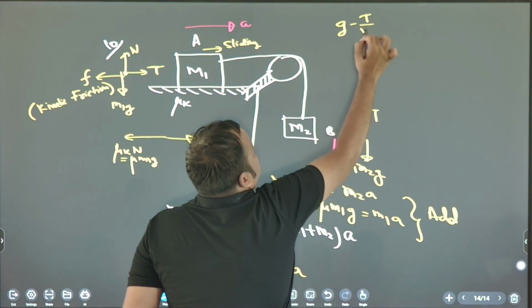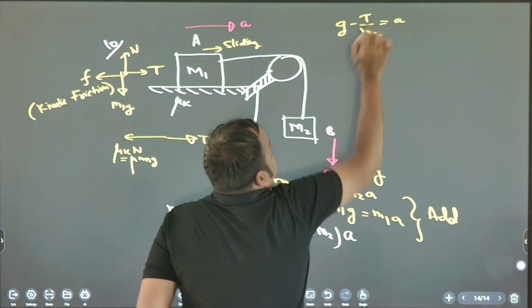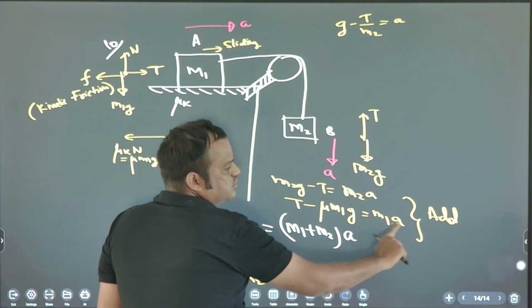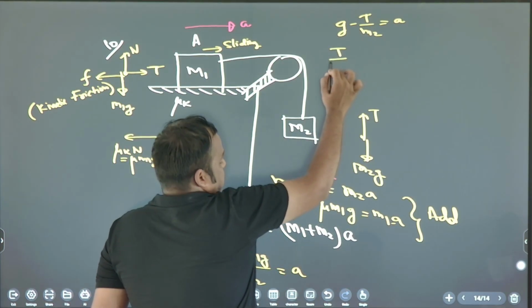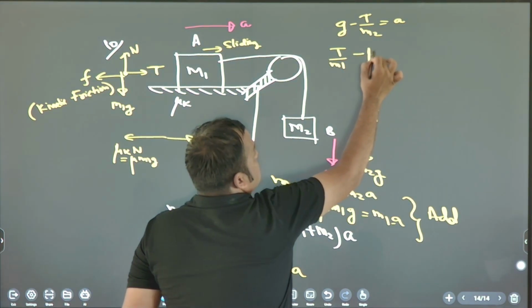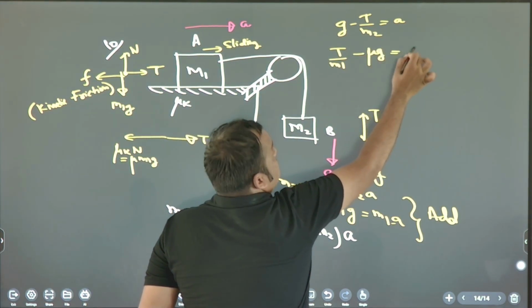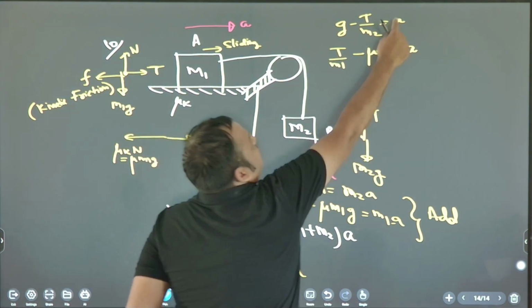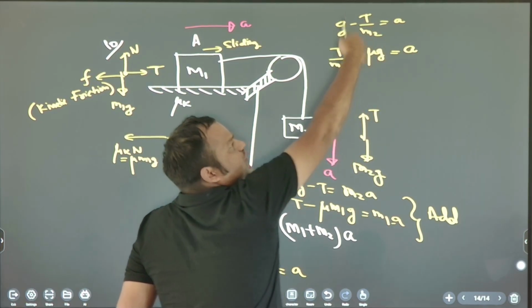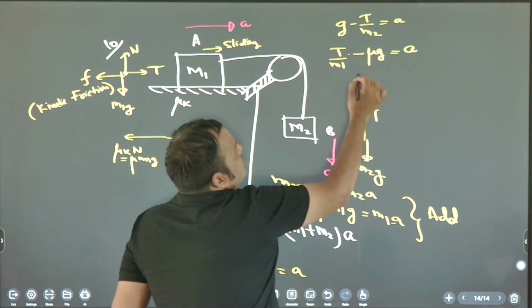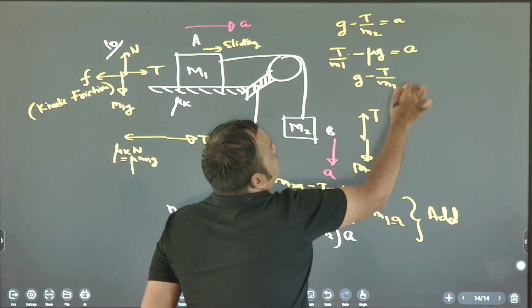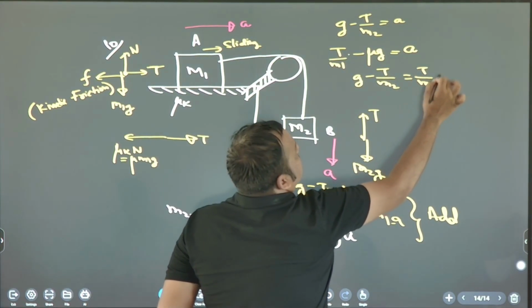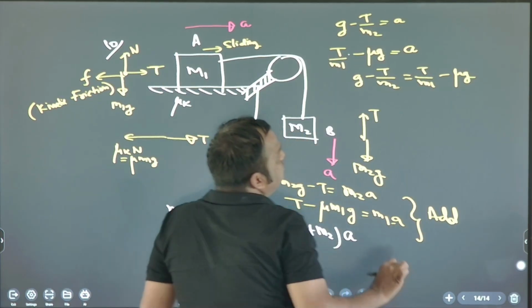g minus T by m2 is equal to a. If you divide the other equation by m1, T by m1 minus mu g is equal to a. Correct? Are you getting it? Now a is equal on both sides, so equate these. g minus T by m2 is equal to T by m1 minus mu g.